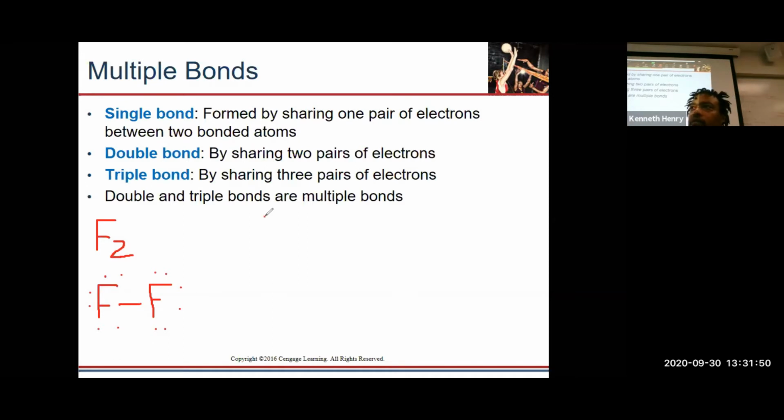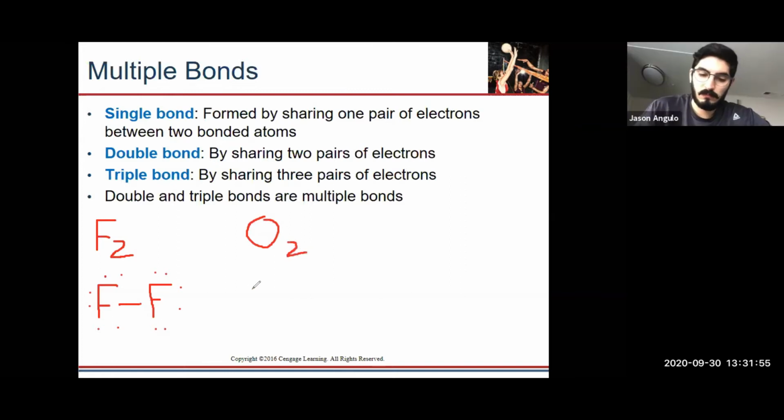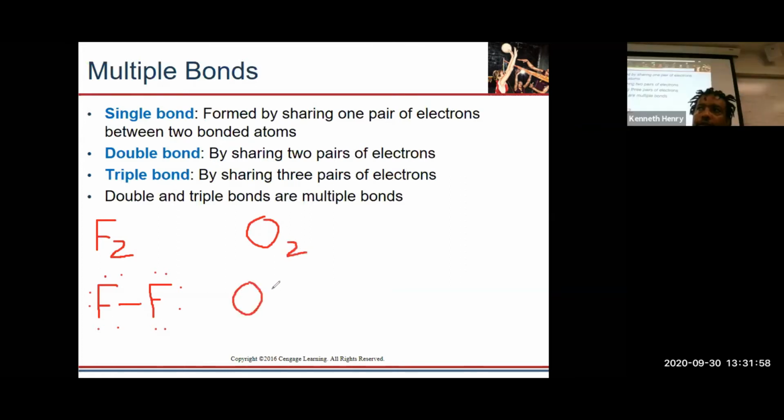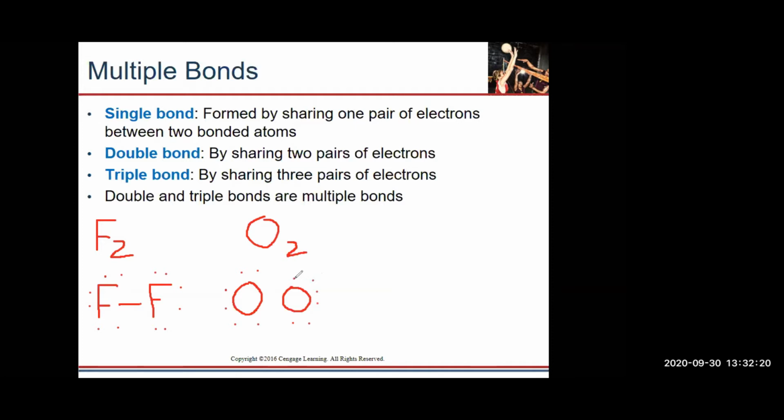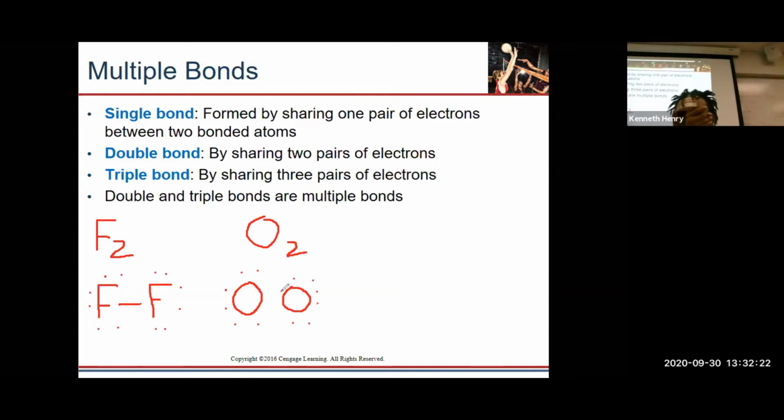So let's look at oxygen. How many valence electrons does each oxygen have? Six. So 6 plus 6 is 12, so I have 12 electrons to work with.